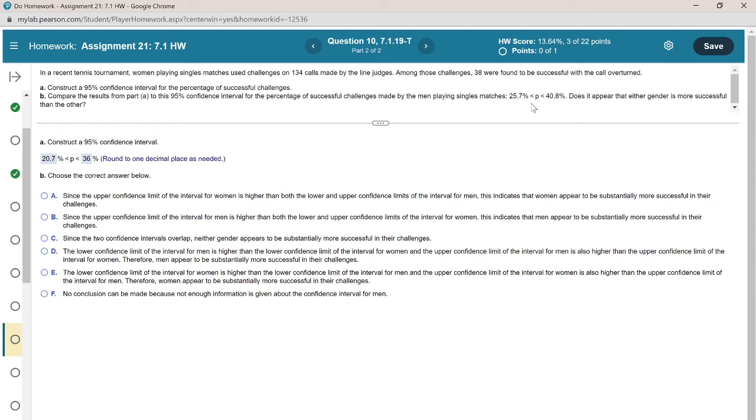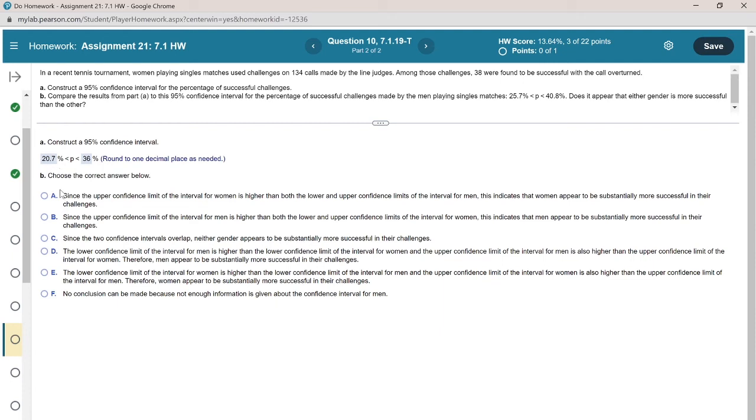But estimation doesn't say that for sure. The value could be anything in between these two percentages. So as you can see here, this confidence interval is overlapping. Because of this overlap, we cannot say for sure which one is better.